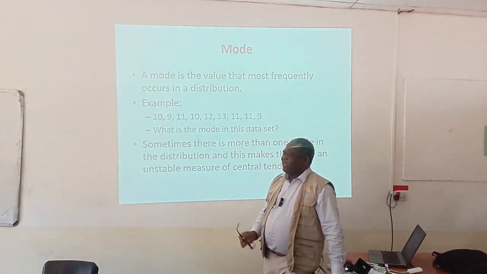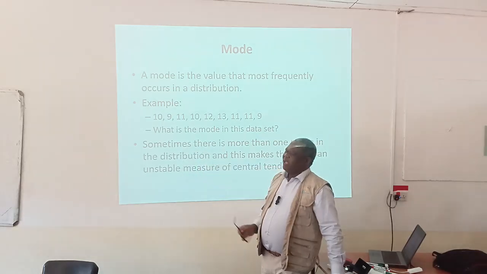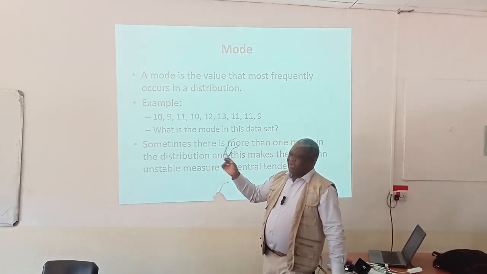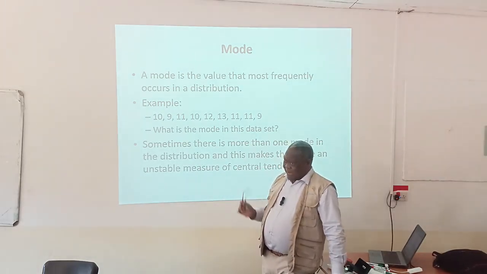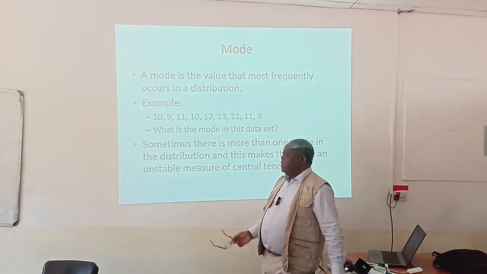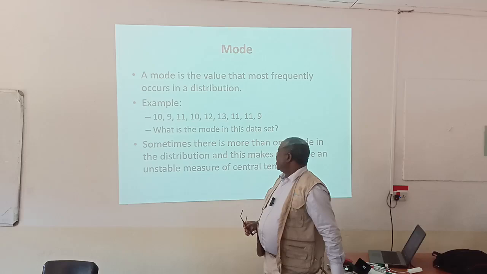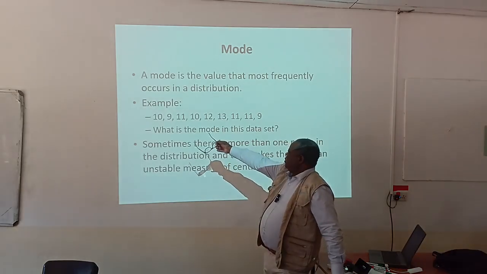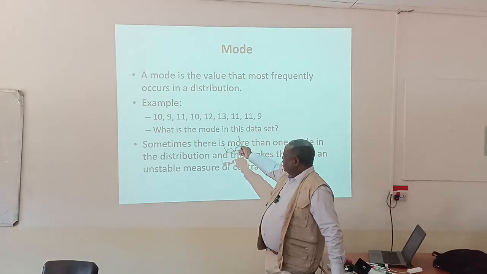Another 200 earn an income of 2 million kwacha. Another 200, 4 million kwacha, and so on and so forth. And you find that in that data set, the largest number is the 300. Then the 300 will be a mode, the most frequently occurring score in a distribution. In my example here, 11 is the most frequently occurring score.